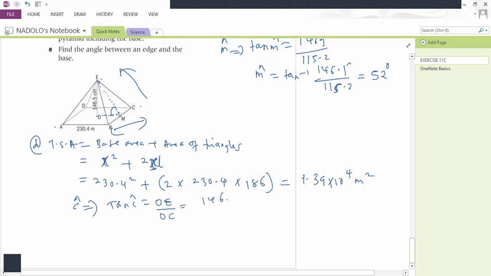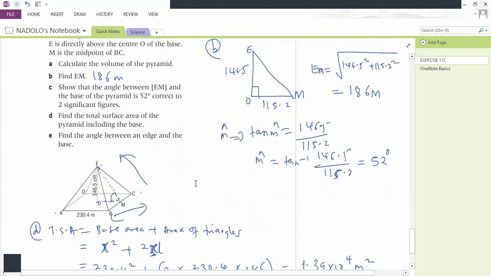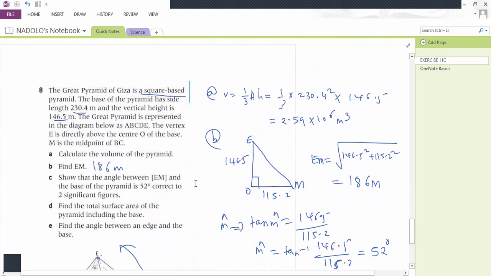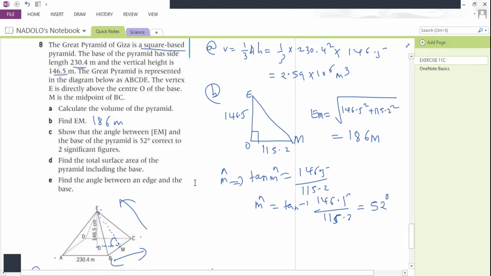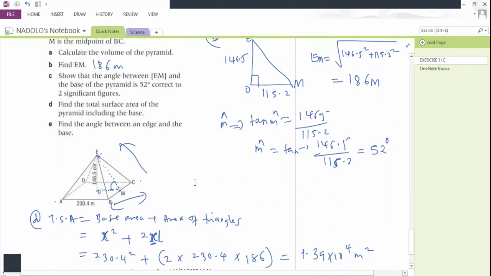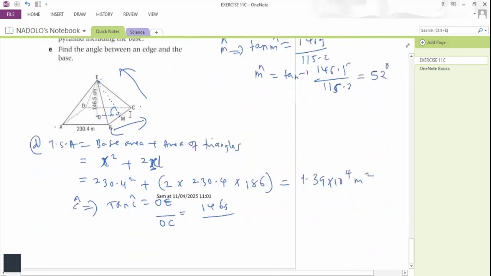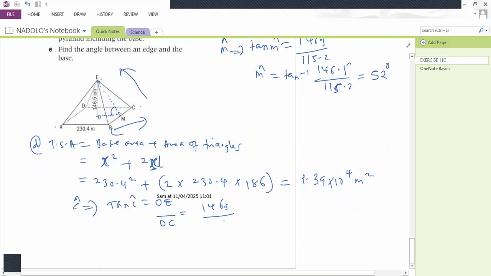OE is 146.5, and then OC, I believe we calculated OC somewhere, but if we didn't calculate OC, we can find it. It is the hypotenuse of the square below in form of a triangle. So I'm going to draw that triangle here.